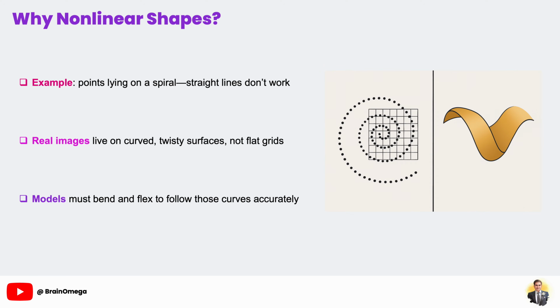Common deep learning layers, convolutions, nonlinear activations, and so forth give the model the flexibility to shape that manifold precisely. It captures all the subtle twists in the data. This nonlinear approach is what keeps interpolations smooth and realistic when we move from point A to point B on that hidden sheet.